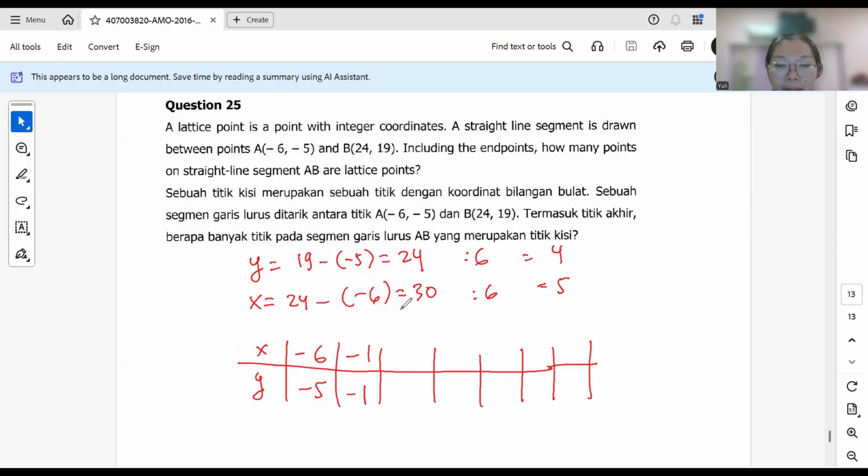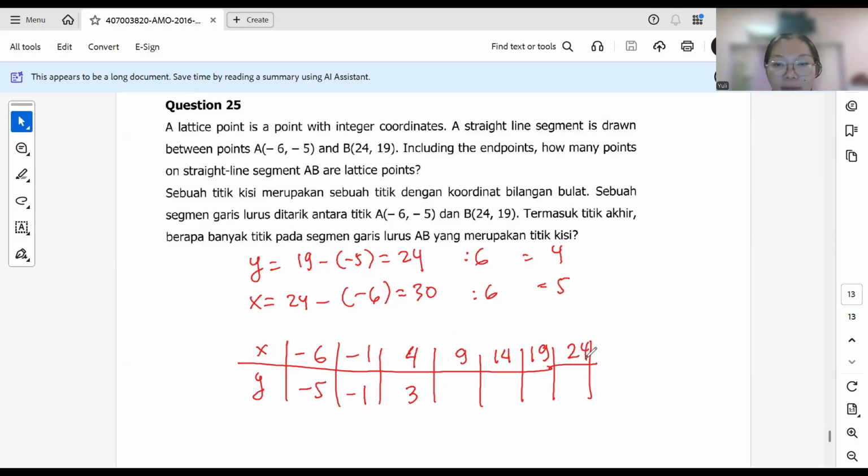And keep going. X increase 5. This one going to increase 4. Increase 5. Or you can add up until you find 24. Increase 5. Increase 5.